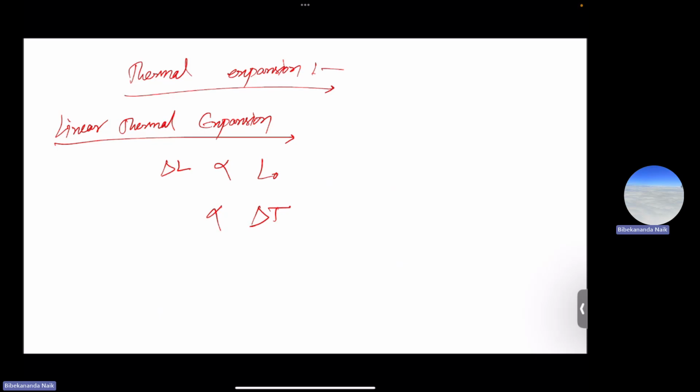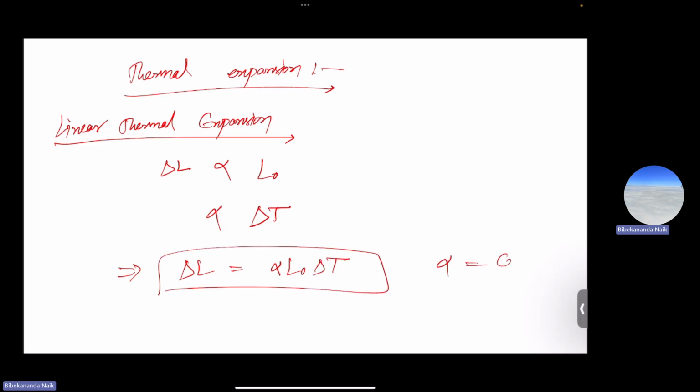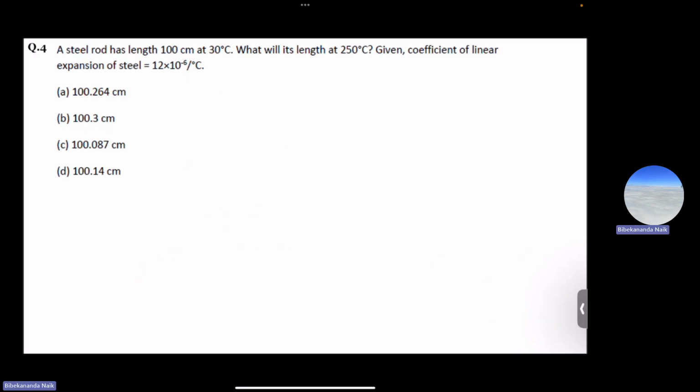It is obvious because if the change in temperature is more, then there will be more change in the original length. So there is a proportionality constant, which is written as delta L equals alpha L0 delta T. This alpha is known as the coefficient of thermal expansion. Now let's solve a few problems based on those concepts.